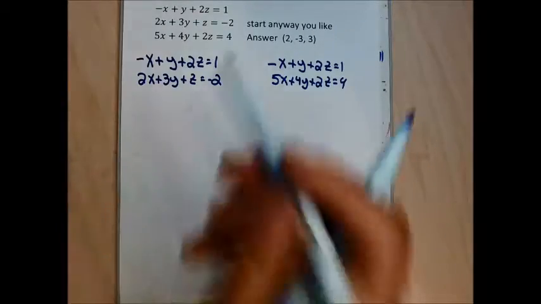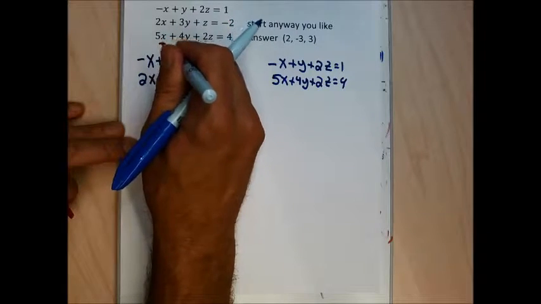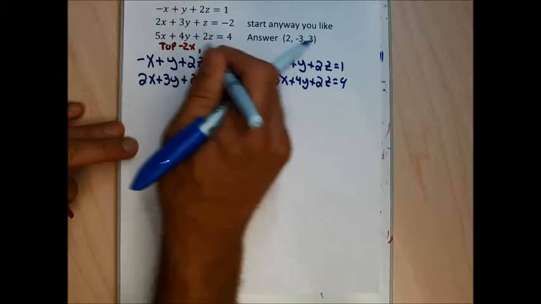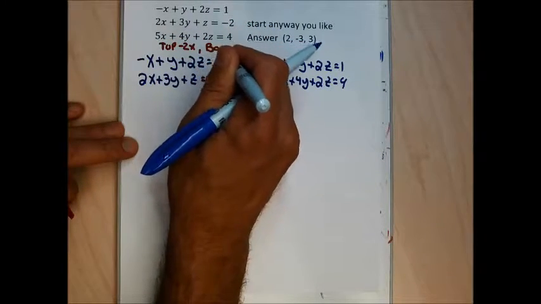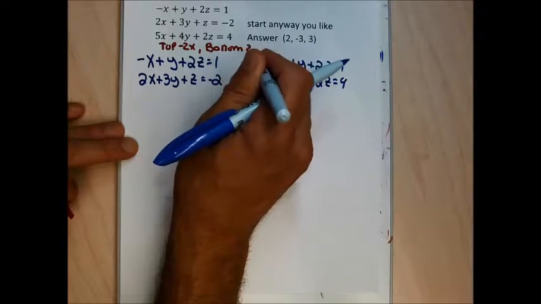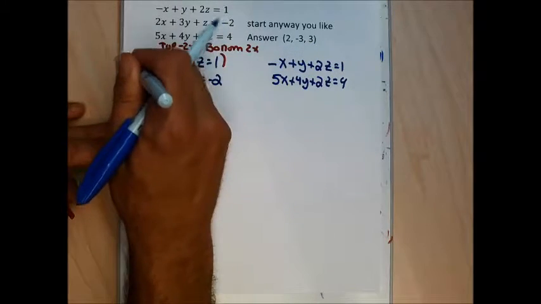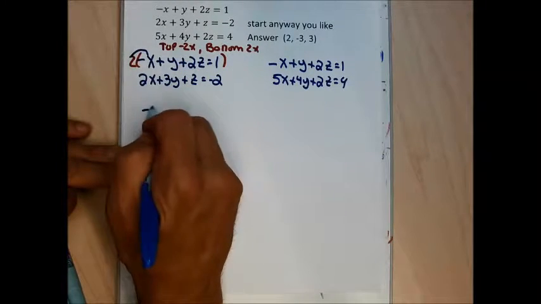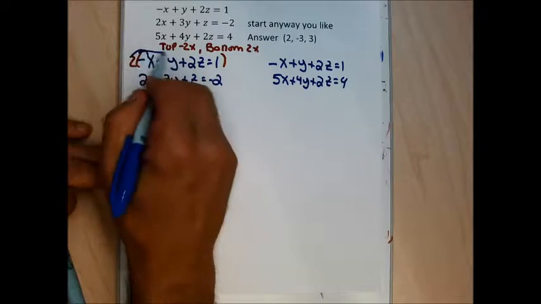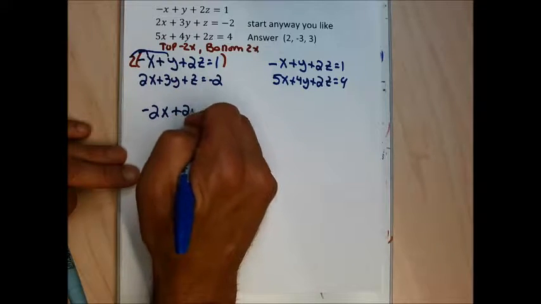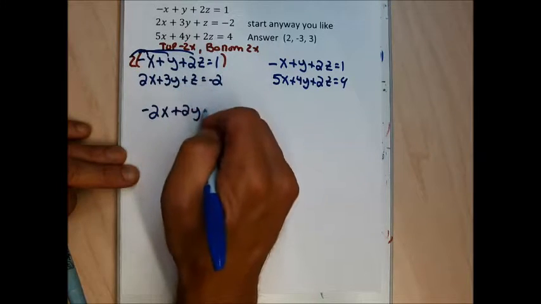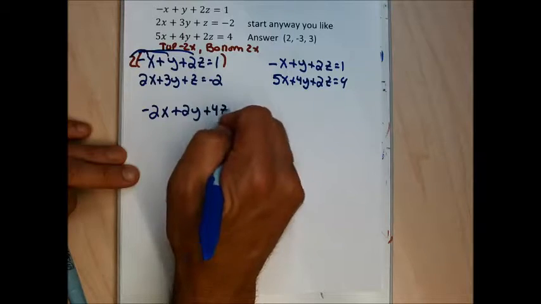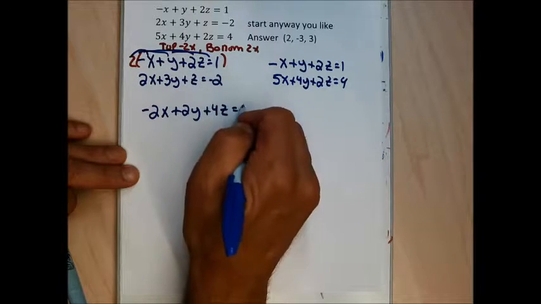So for this one, I'm going to make the top have a negative 2x, and I'm going to leave the bottom with the positive 2x and drop out my x's. So I'm going to multiply the top by 2. I'm going to go 2 times minus x, that's minus 2x. 2 times y is plus 2y. 2 times 2z is plus 4z, and 2 times 1 is 2.